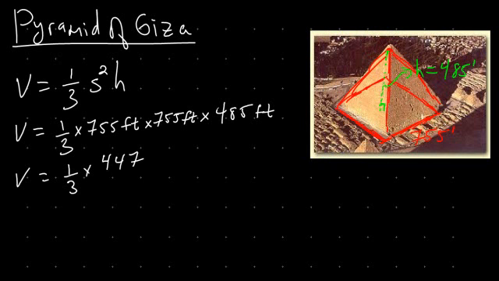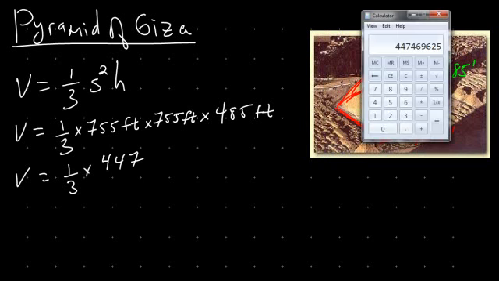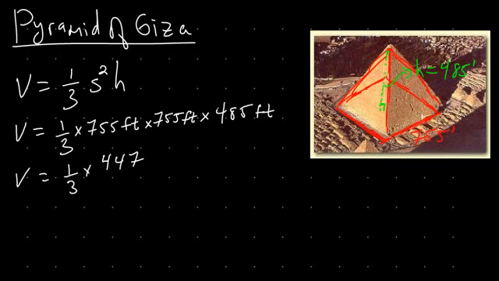447,469,625 cubic feet. And we're multiplying by 1/3. When I multiply by a fraction, I write everything as a fraction. So that big number is 447,469,625 divided by 1 cubic feet, times 1/3.